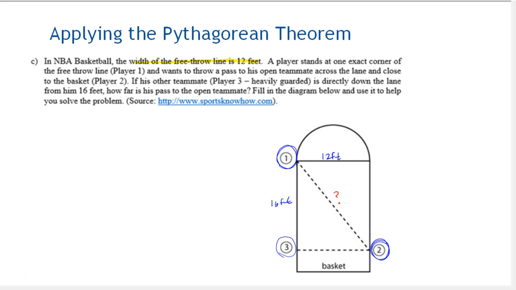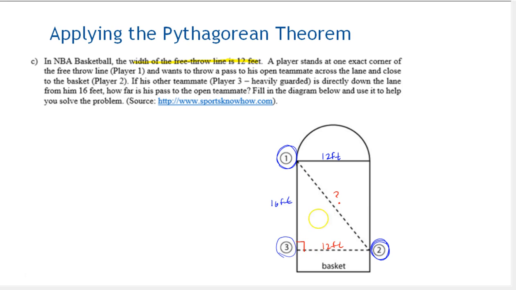So we want to find this length. Now notice a few things, okay? If this is 12 feet, since these are straight down, this is also 12 feet. This is a rectangle, this big diagram, okay? And then if we use this dashed line, we can think of this as a right triangle. So there's a lot of right triangle applications where you use the Pythagorean theorem. It's when you're trying to find a missing side, and you need to look for right angles to make sure that you can use the Pythagorean theorem because you need a right triangle.